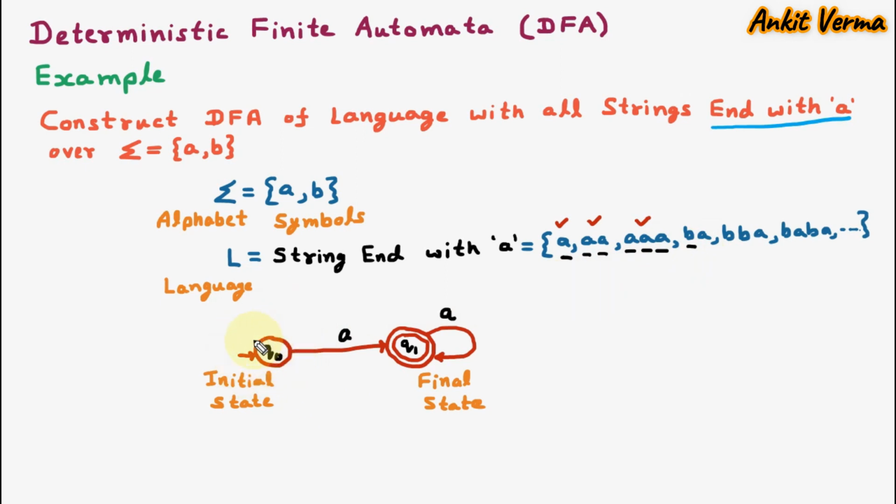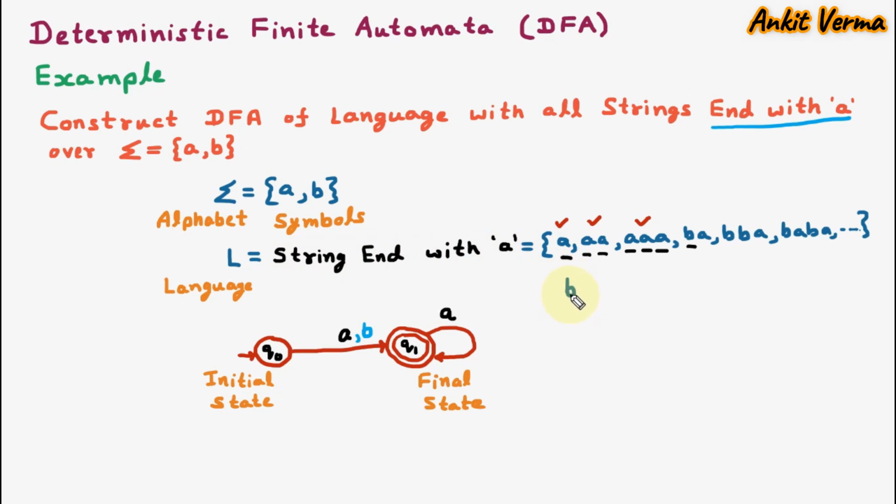On the initial state Q0, we are going to apply the transition for input B. Let us suppose we have a string which is just B. Now we know that this B is not part of our language, because the language is strings that end with A, and B is not ending with A.